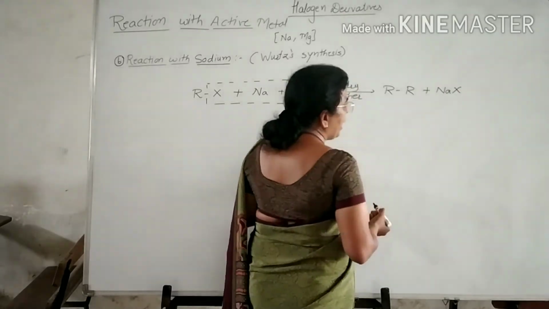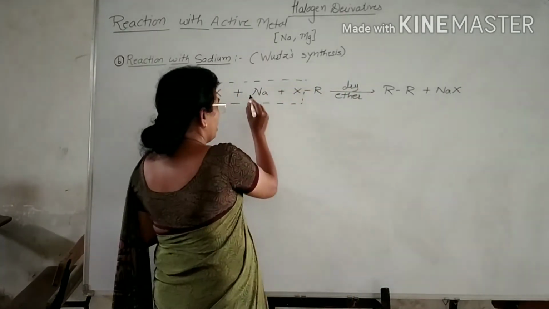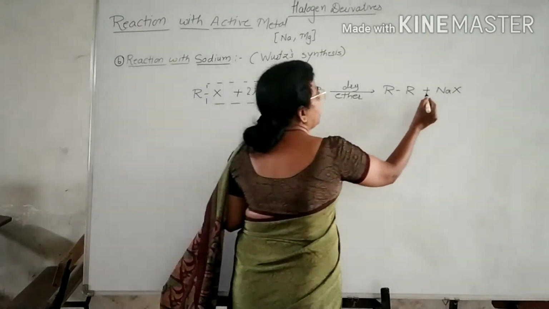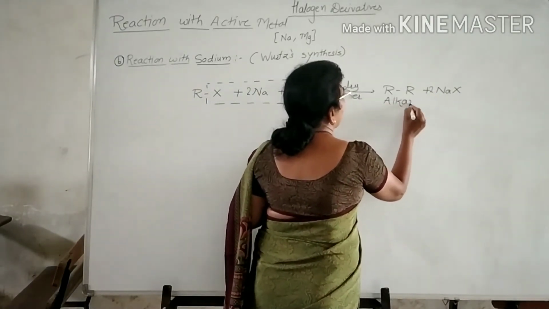Now here we have to balance this reaction. There are two halogen atoms, but the sodium atom is only one. Therefore write 2 here and 2 here also. This compound is an alkane.